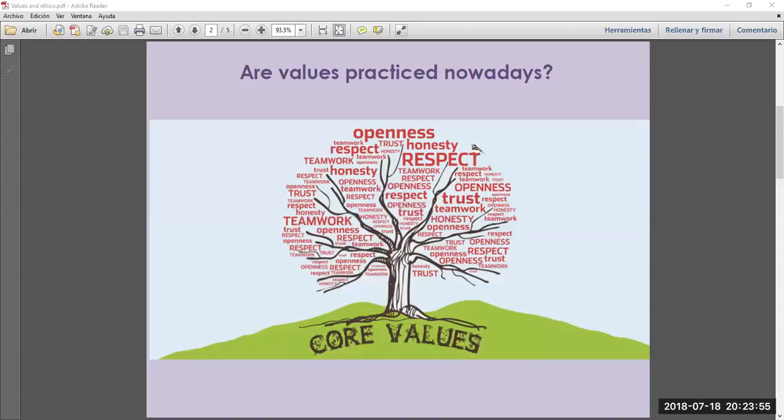I was incorrect earlier: neither goes before the object that you are going to compare. For example, we need neither disrespect nor dishonesty. We don't need neither.